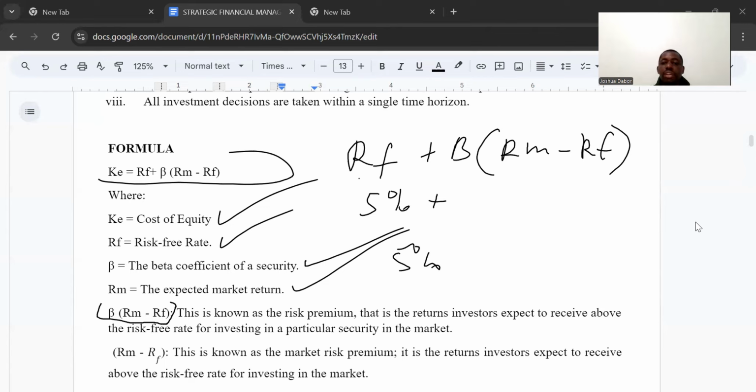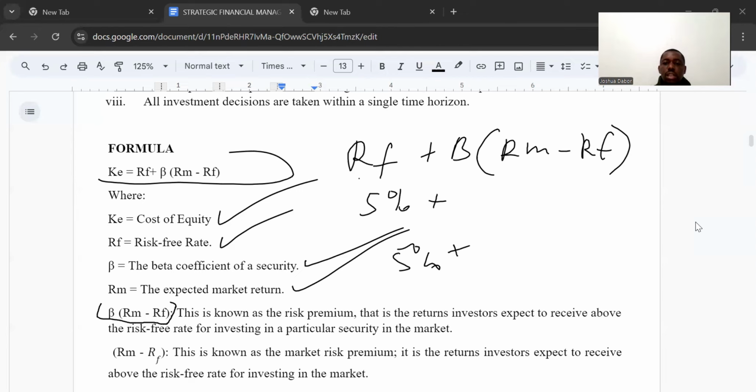I am very certain about the government's bond that at the end of every year, or whatever the interval is, I'm going to receive my 5%. Therefore, buying bonds from the government is much more secure than investing in shares. So for me to invest in shares, there must be a risk premium, a higher return for investing in the share market. If not, it's better for me to invest in the bond.